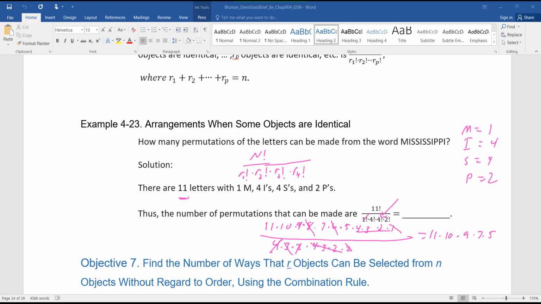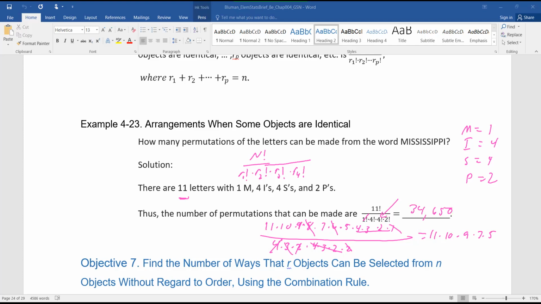And then we can make that a little bit cleaner. If you didn't see that, you could just multiply all the numbers on top, all the numbers on bottom, and then simplify that fraction as well. You'll get to the same conclusion. I don't feel like doing this one, so I'm going to do 11 times 10 times 9 times 7 times 5. And so you have 34,650 options when you have repetitive letters.